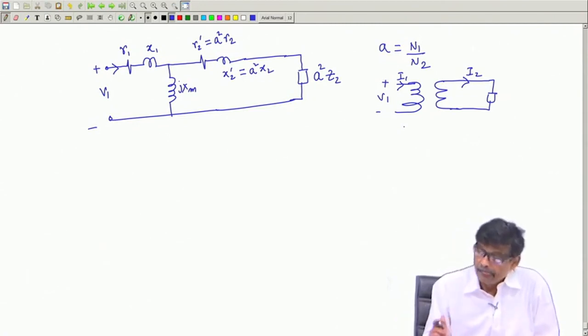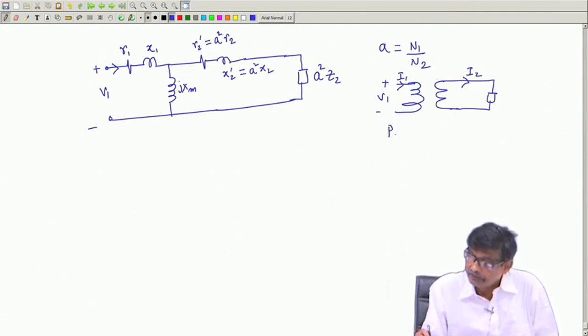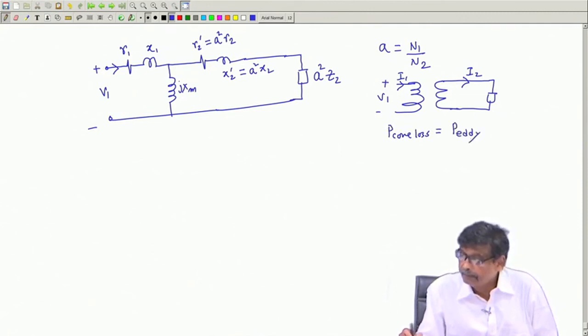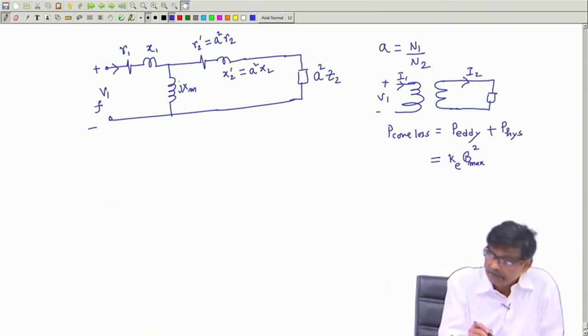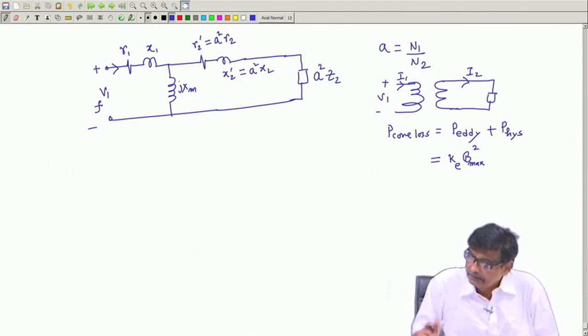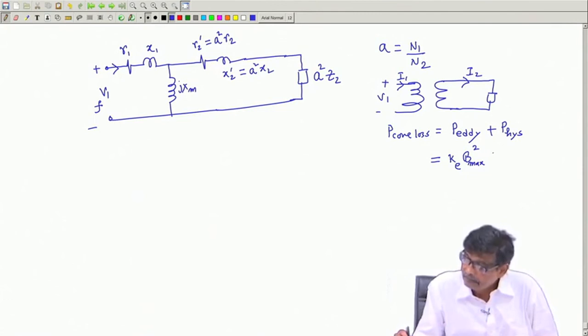Now, eddy current loss, core loss is equal to P eddy plus P hysteresis, and P eddy loss will be proportional to some constant K_E into B max square, F being constant, or F square, I will write, plus some constant here into the area of the loop.